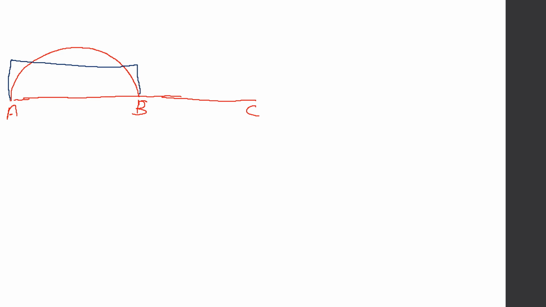When we are considering the span AB, and this is C, let us consider the bending moment at a section x at a distance x from A. So we will take a section x at a distance x from A. This is our section X.